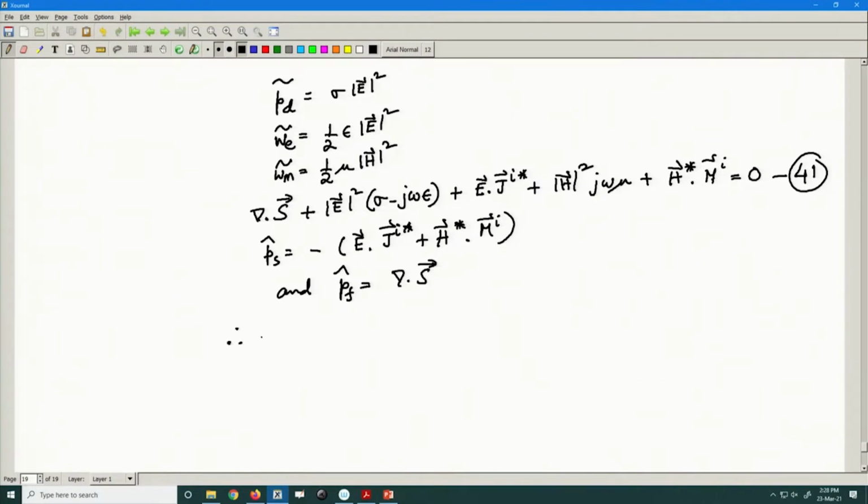Therefore, we can write P f cap plus P d tilde plus 2 j omega (W m tilde minus W E tilde) is equal to P s cap.